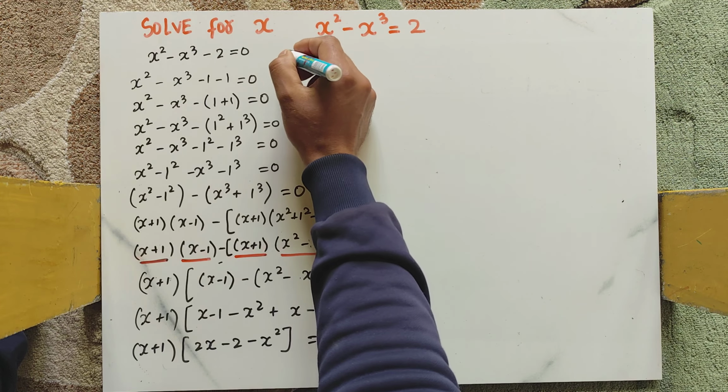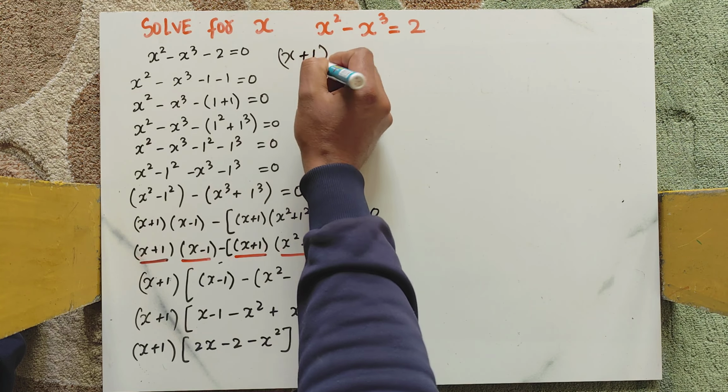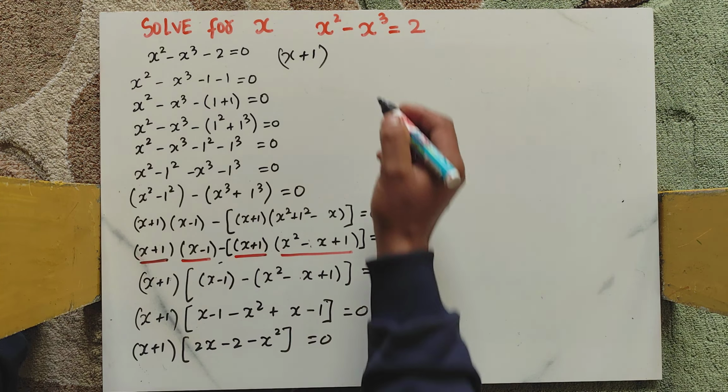So can we write it like this, x plus 1, then let's write it in the standard form. First we write minus x square, then plus 2x, then minus 2. I am just rewriting them so that we know that addition is also commutative for integers, and we set it equal to 0.